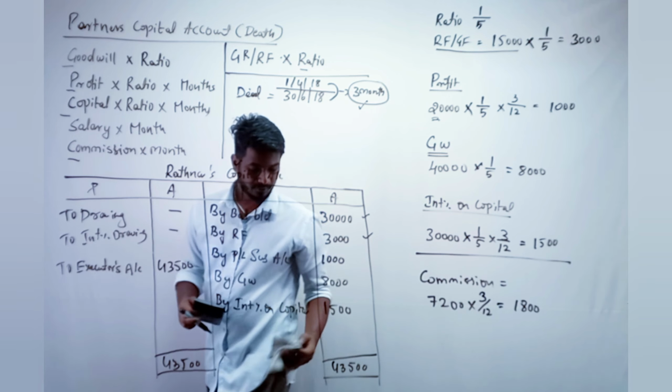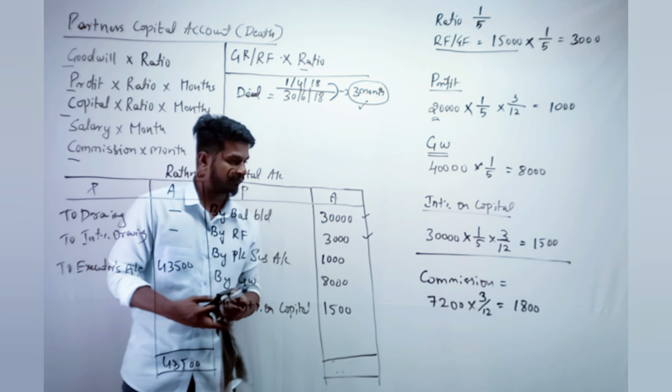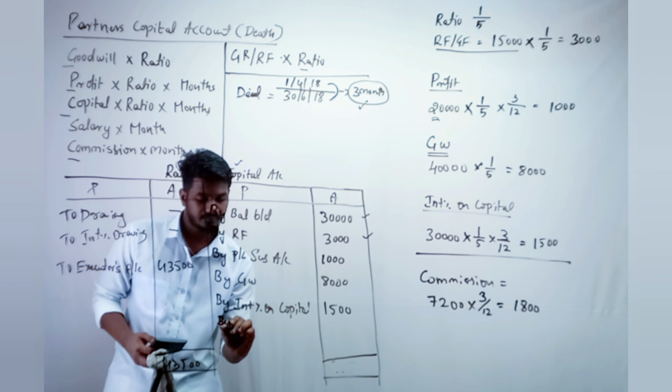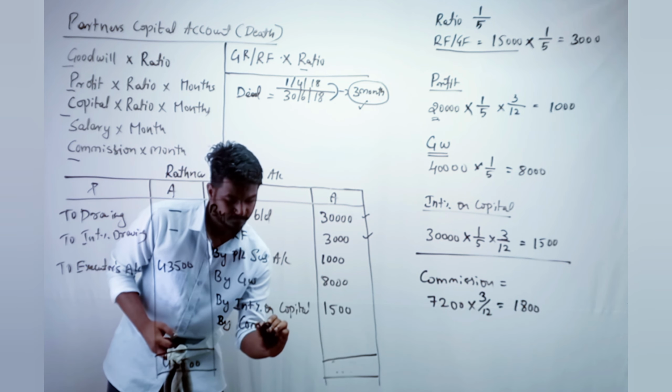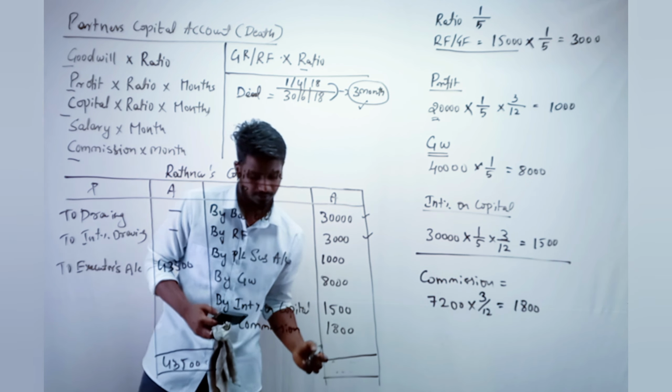So shall we wipe off this total? It was 43,500, so by commission it is 1,800.